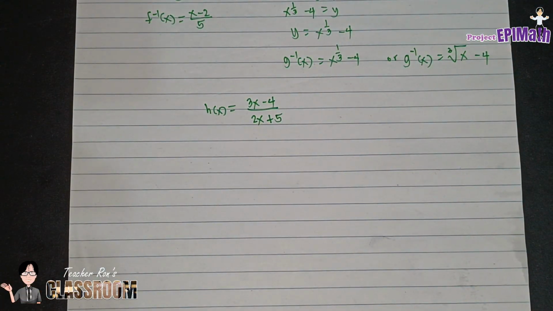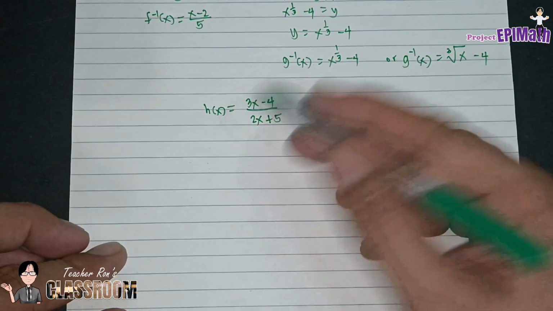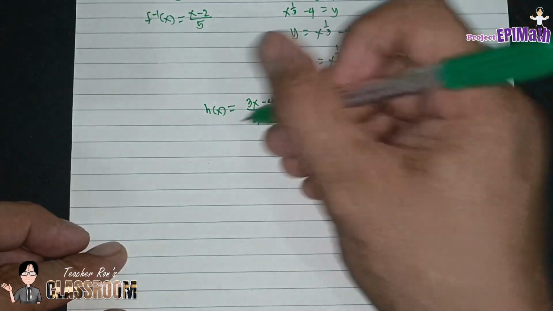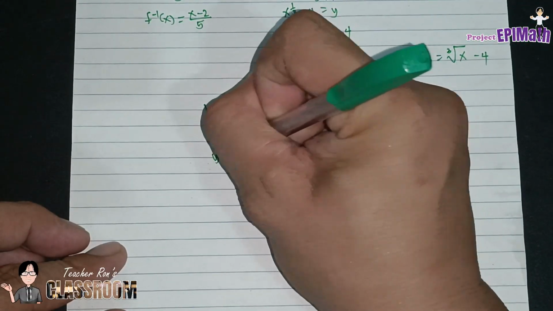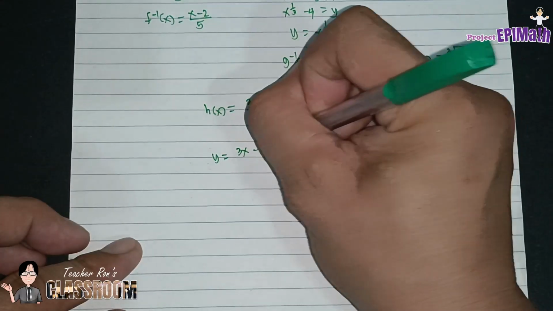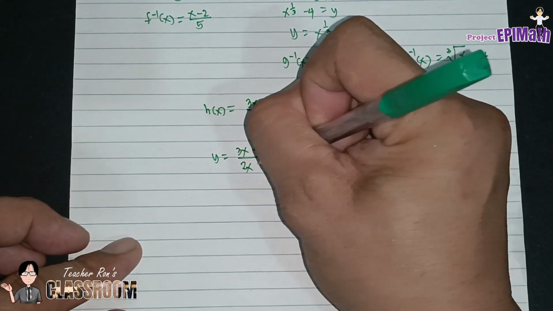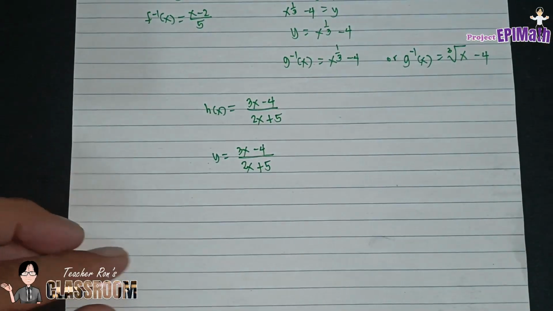Ayan. Let us find the inverse of this. This is a rational function. A rational function is 1-to-1. So h of x, substitute y for h of x. We have y equals 3x minus 4 over 2x plus 5.